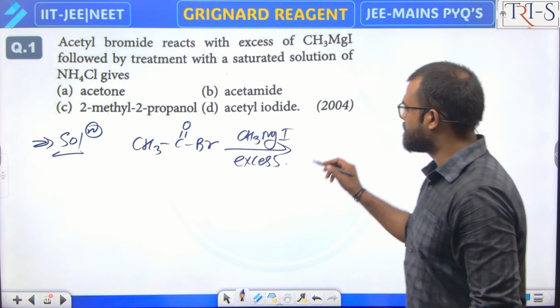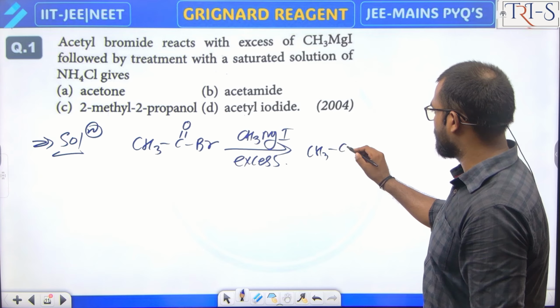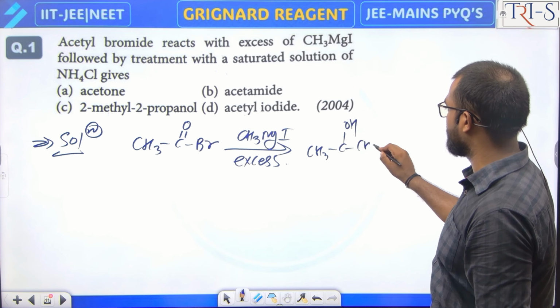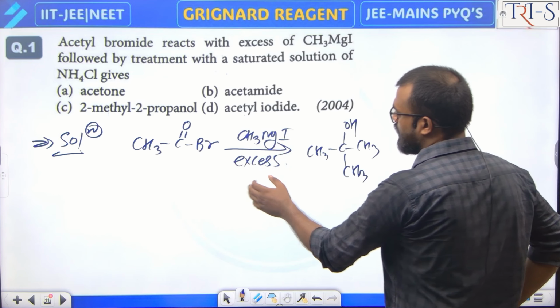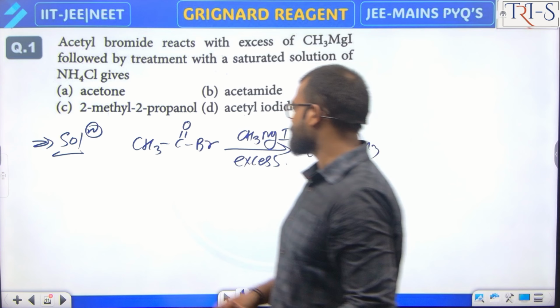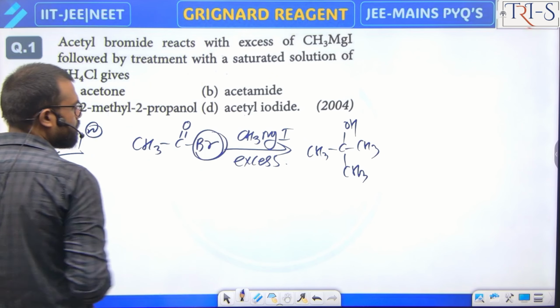It will give (CH3)3COH, because this is in excess amount and it can eliminate the leaving group, that is bromine.